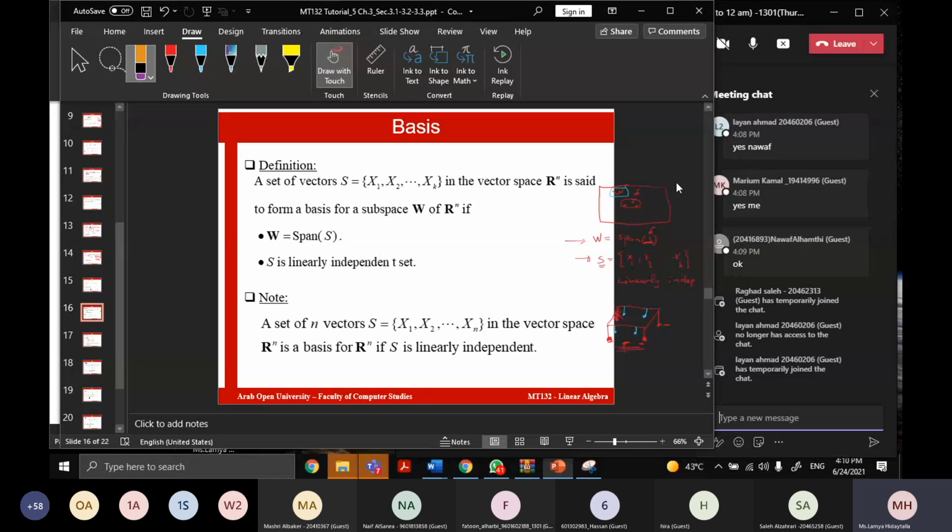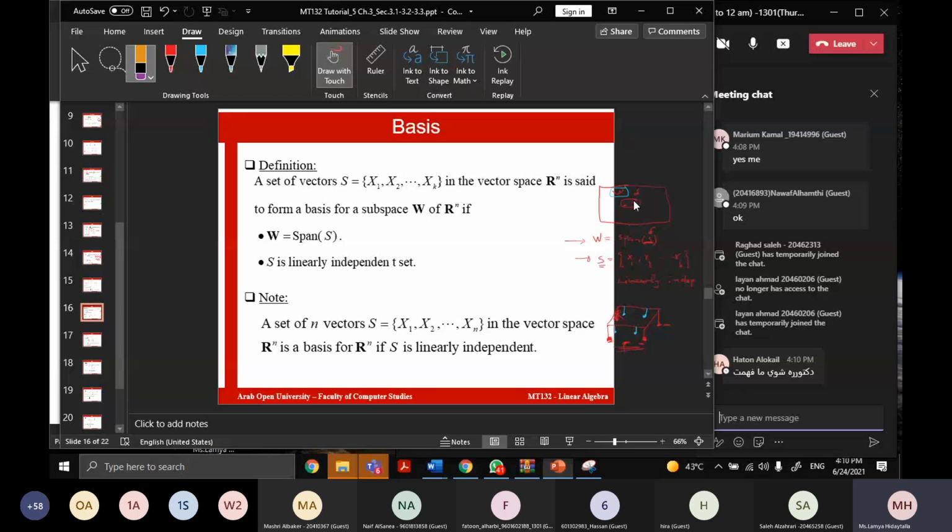For this big vector space also, if you could find vectors that by doing linear combinations of them give you the whole vector space Rn, R1, R2, R3, R4, whatever, and these vectors are linearly independent, then they span the vector space.